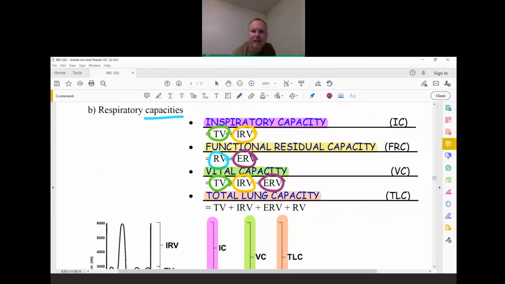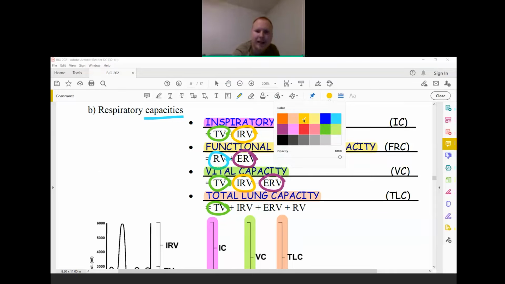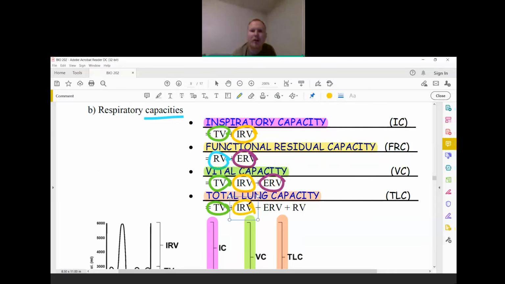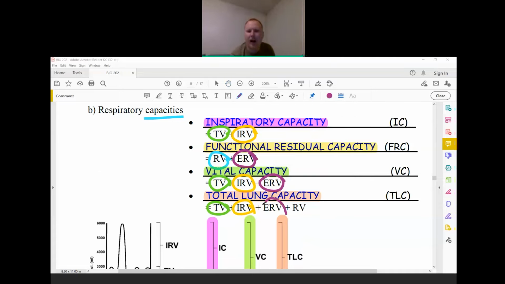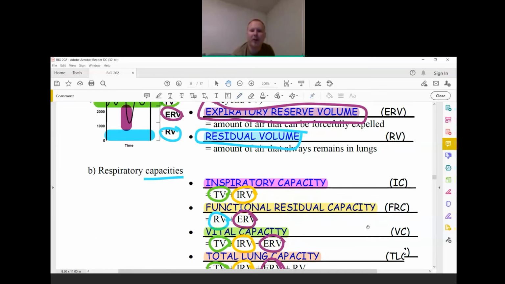So we take our tidal volume, our inspiratory reserve volume, our expiratory reserve volume, and our residual volume.